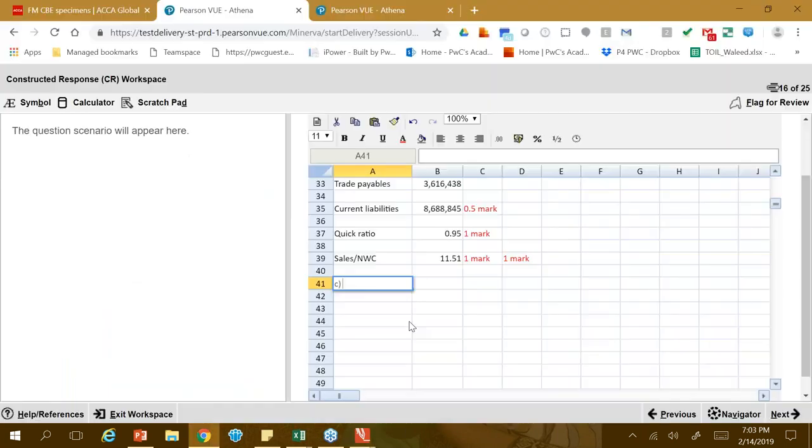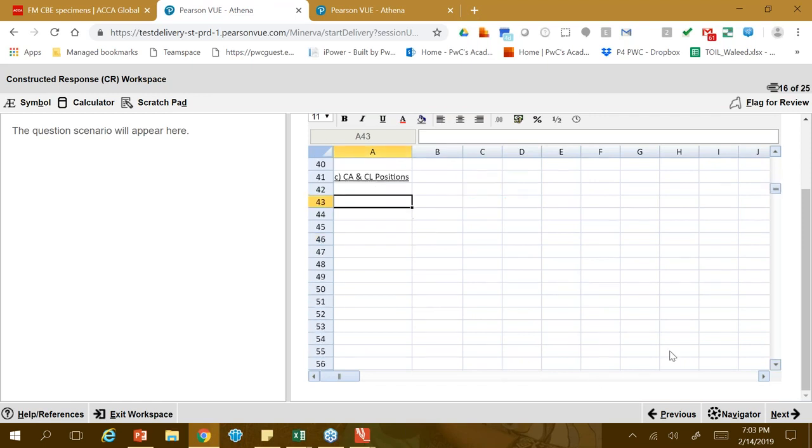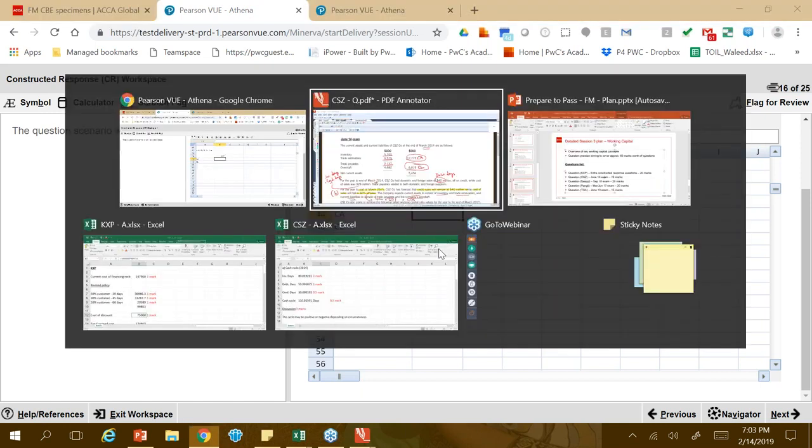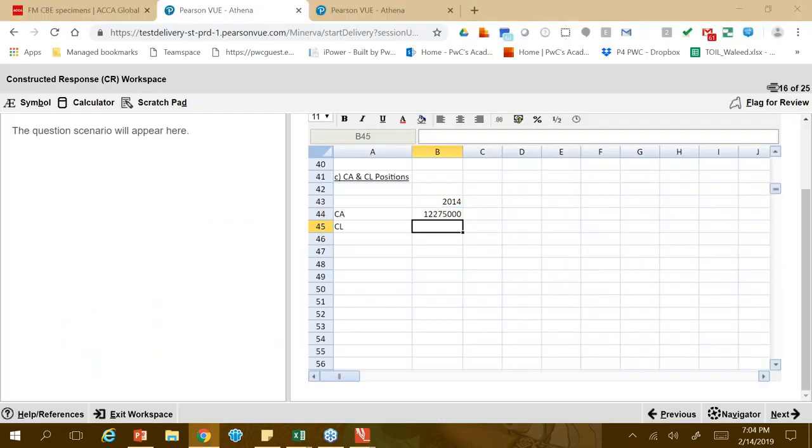So this is C, current assets and current liabilities positions. In 2014, my current assets and my current liabilities were 12,275,000 and the current liability was 6,819,000.